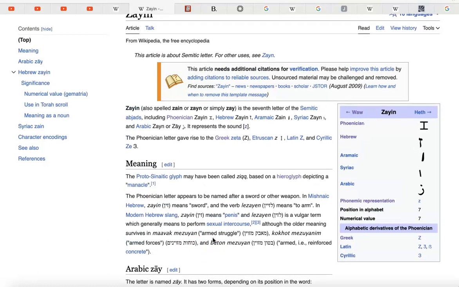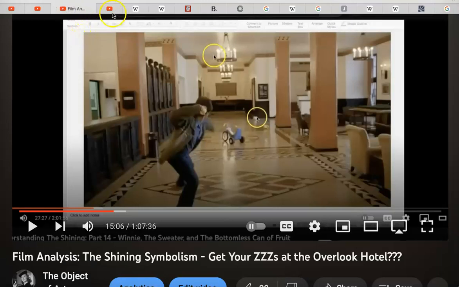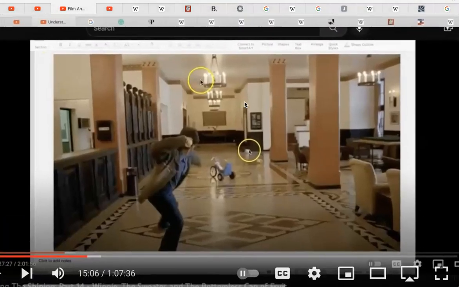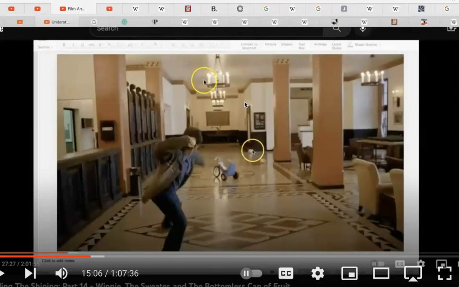So, which made me think... Okay, let me go back to this. This is the place in the hotel where Dick Halloran, whether it really happens in the world of the movie or not, we're shown by Stanley, meets his demise. And he's slain by the Jack character with the Zayin, the axe, right?